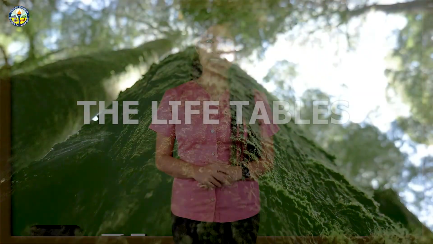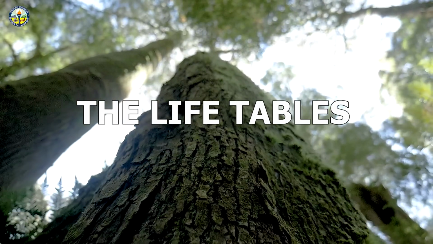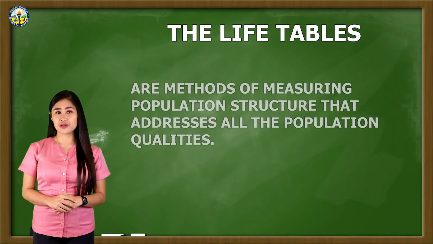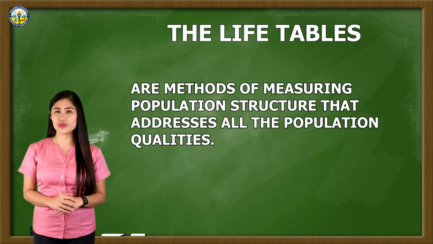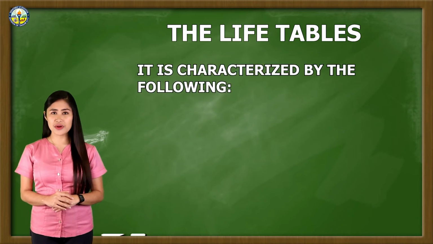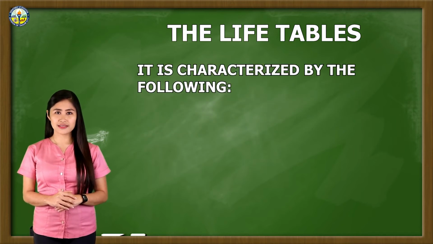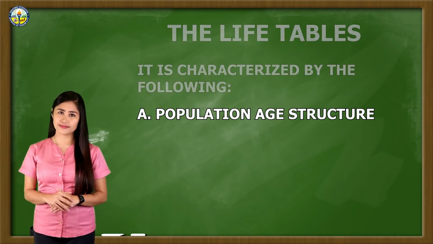Lastly, we have the life tables. Life tables are methods of measuring population structure that address all the population qualities. It is characterized by the following. A. Population age structure.